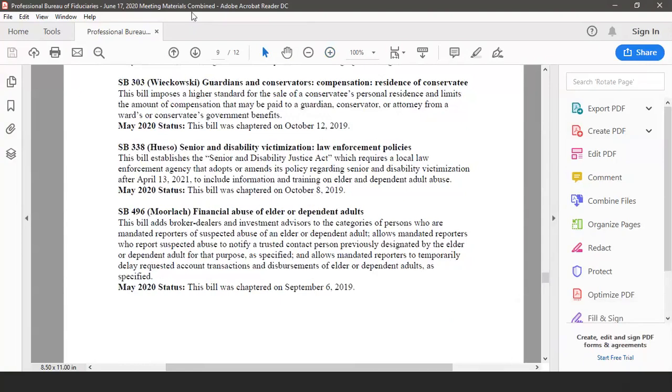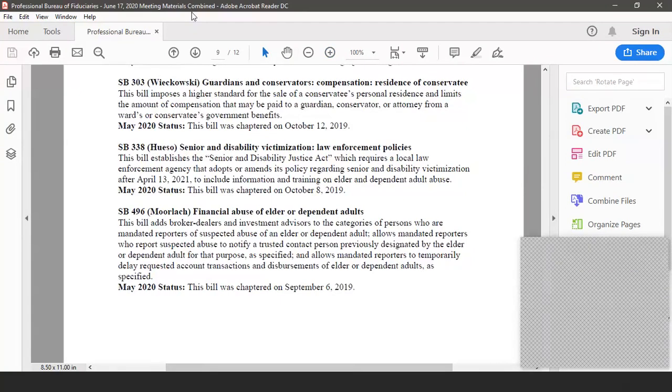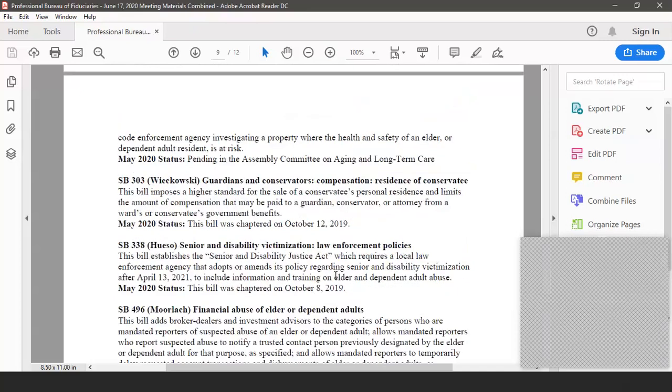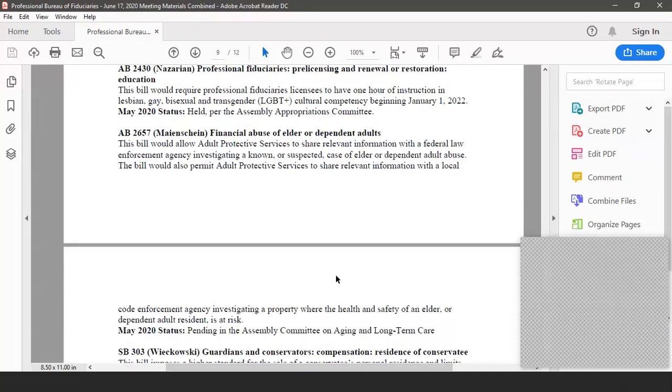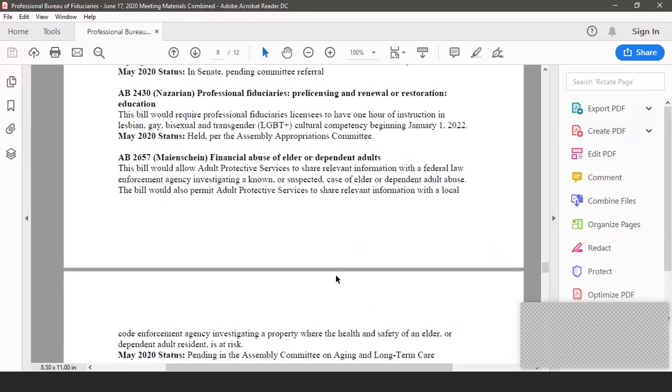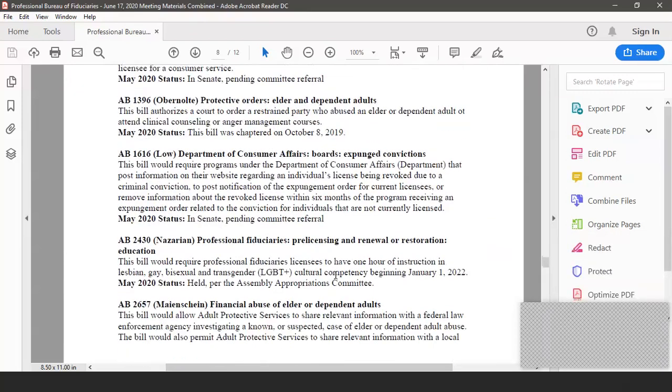I have one. That one about anger management, has it ever been thoroughly ironed out? This is Wendy Hatch. Thoroughly ironed out how they are planning on running the classes. I think it was AB 1396. The bill authorizes the court to order a restrained party who abuses the elder to attend clinical counseling.